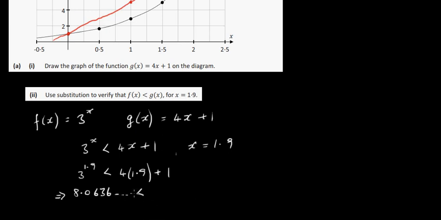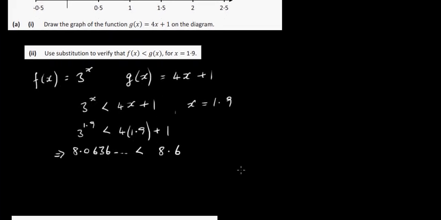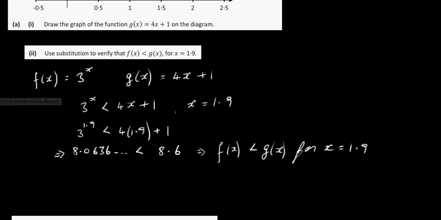So we want to show that that's less than 4 1.9s plus 1 will just give us 8.6. So you can see here that f of x is less than g of x, for x equal to 1.9. Okay, and that's it for part 2.